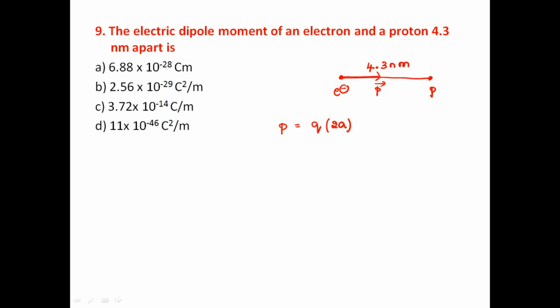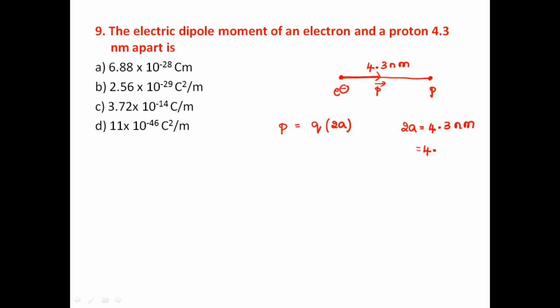So what they have given, this 4.3 nanometer, is nothing but the distance of separation between the charges. We have 2a equal to 4.3 nanometer.